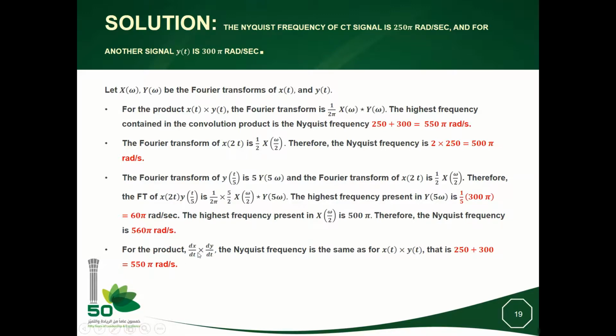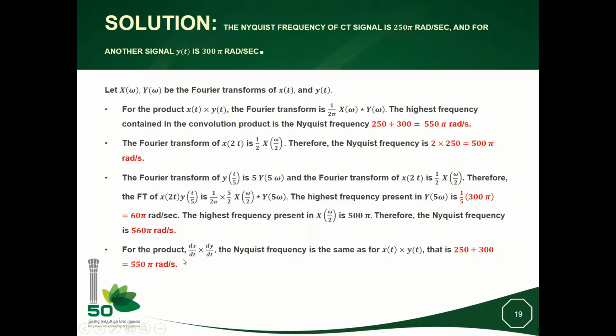So now this looks like the simple multiplication of the two signals x(t) times y(t), because the multiplication by jω will not change the maximum frequency contained in the spectrum of dx/dt.